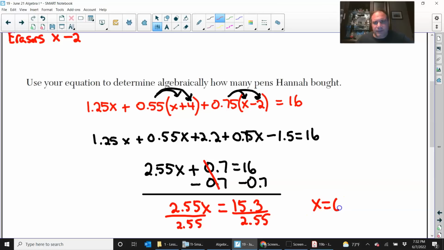And x equals 6 pens. That is your answer for that one.